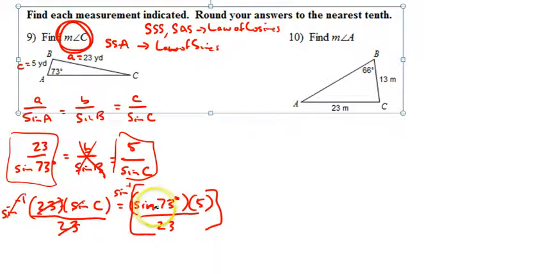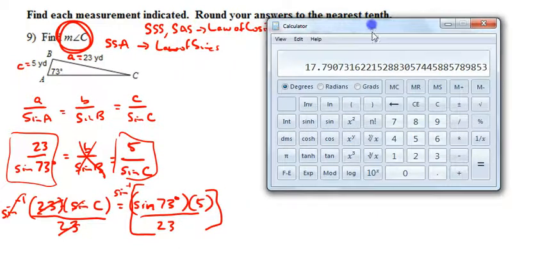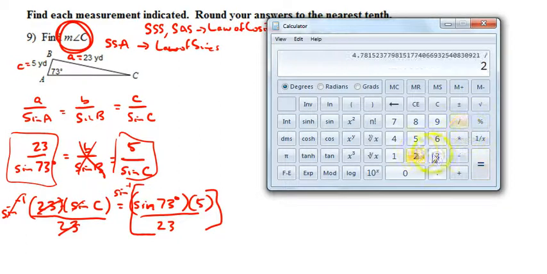So in your calculator, you're going to take sine of 73 times 5 divided by 23 and then take the arc sine of it, or maybe you put it all in at once. I can't really do that on this calculator. This is an old type calculator, a reverse Polish notation calculator, so I have to hit the angle first, then hit sine, times 5, equals, divided by 23.